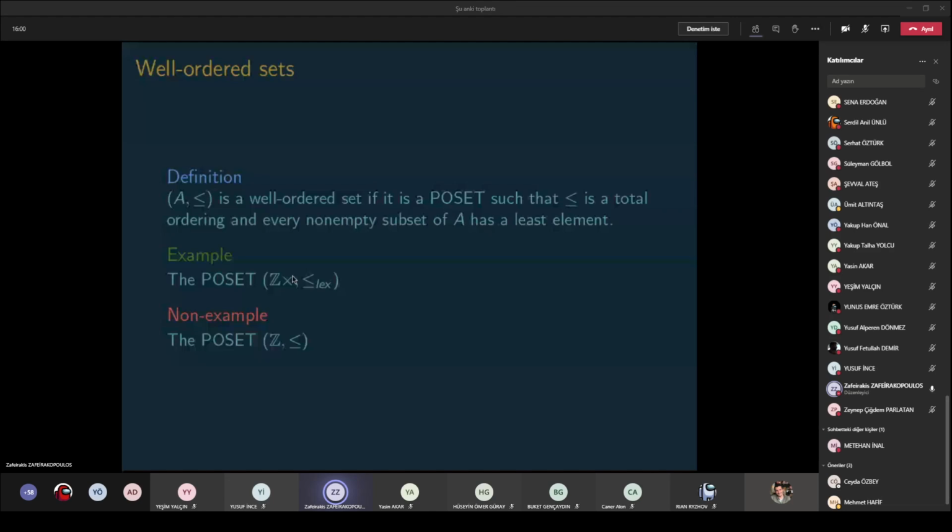Lexicographic ordering means that you have a pair A, B and you want to compare it with C, D. If A is smaller than C, then the first pair is smaller than the second. But if they're equal, we compare the second elements. It's the same order that you have in encyclopedias.